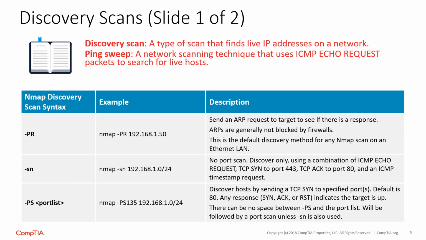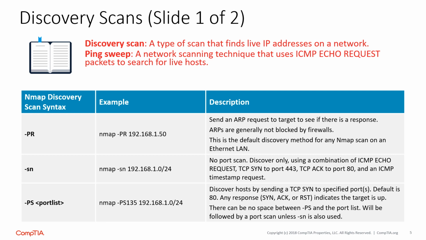And then discovery scan. Discovery scan is used to find live IP addresses on a network for the purpose of revealing potential targets. Traditionally, a discovery scan is known as ping sweep. It sends an ICMP echo request. It pings all the devices that are there, and they are expected to reply as per the standard.